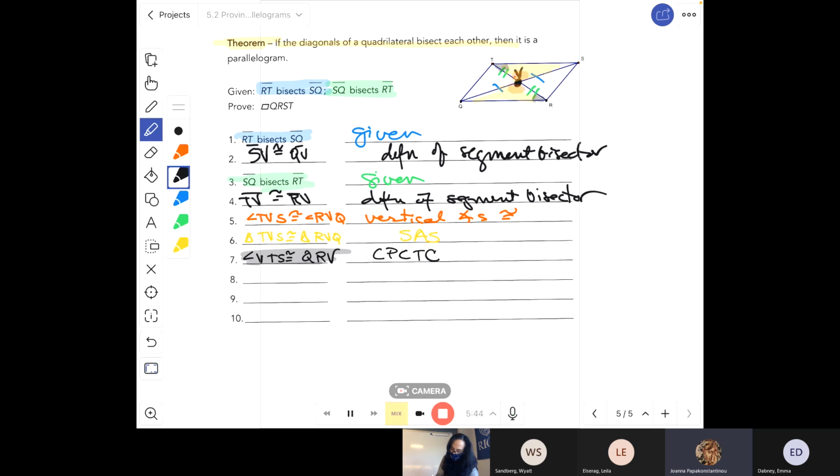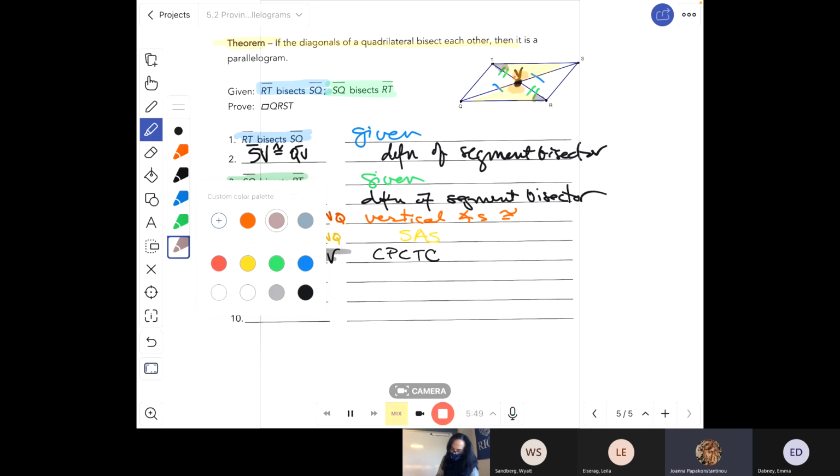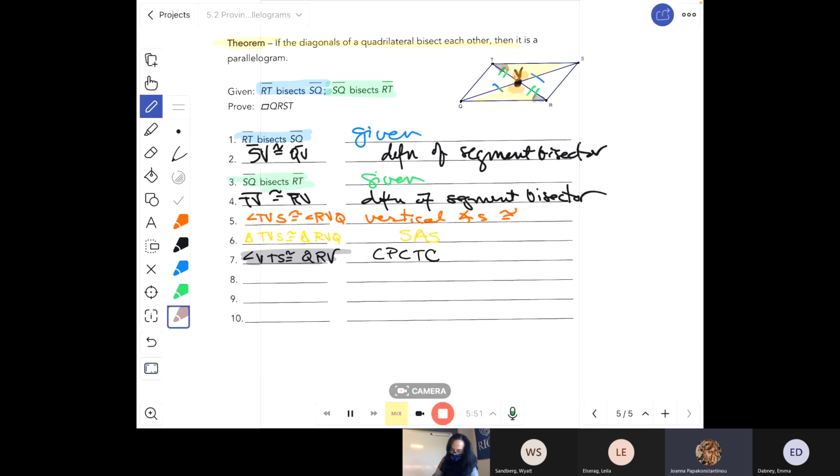Let's see what else we have. Well, if we know that, oh my gosh, look at those lovely little alternate interior angles, right? Do we see alternate interior angles?